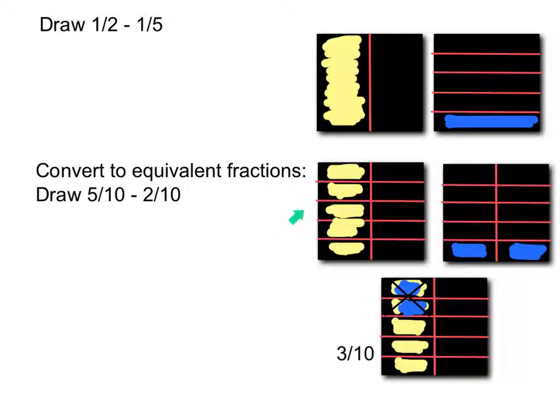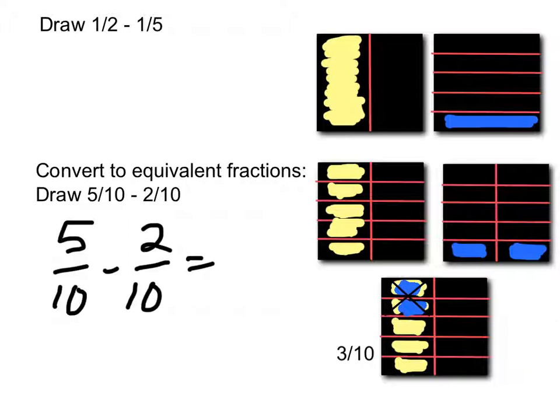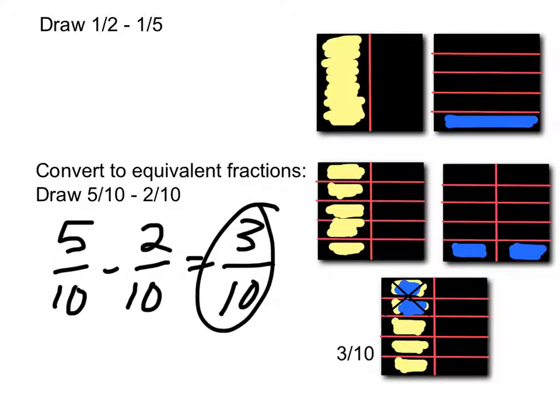Be sure to pause and draw it out in your journal and go ahead and do your math. We see that 2/10 fits in right here, where 5 minus 2 leaves us with 3/10. Okay, and the math we're writing out, 5/10 minus 2/10 equals 3, similar denominator, tenths. And that's what we see remaining right here. Okay.